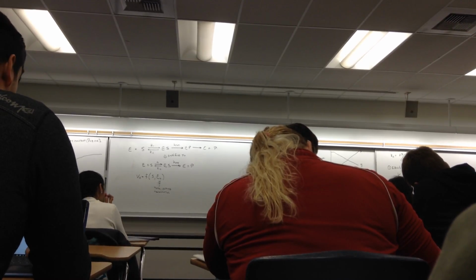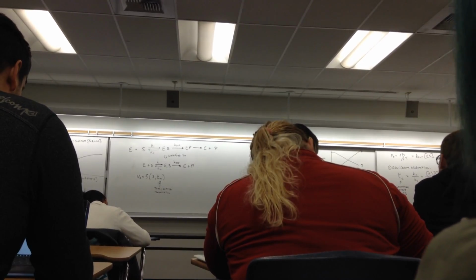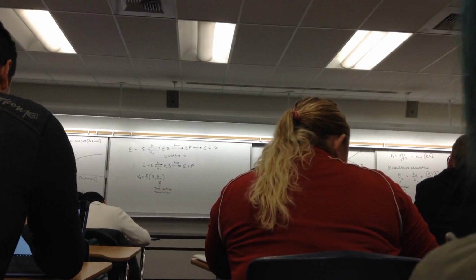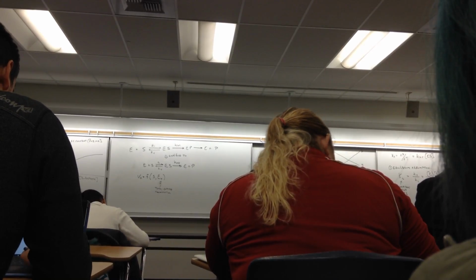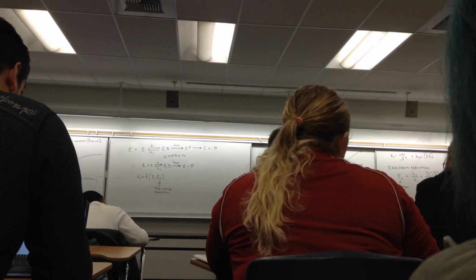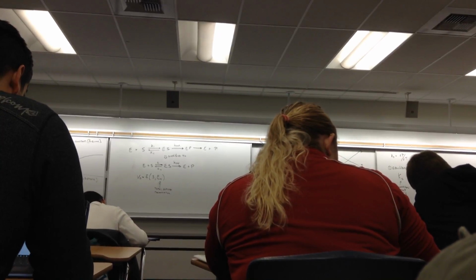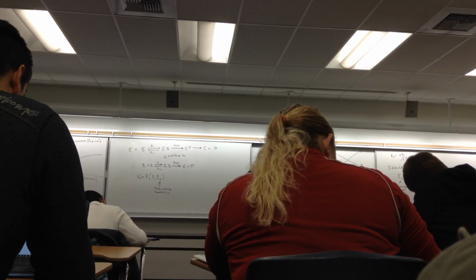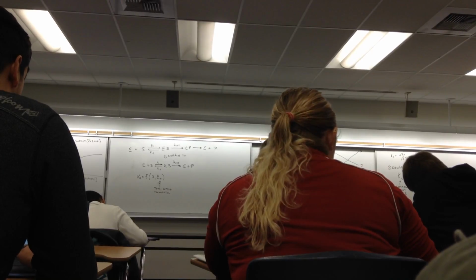We can divide through so that we can now get K cat plus K minus 1 over K1 times ES equals E S.